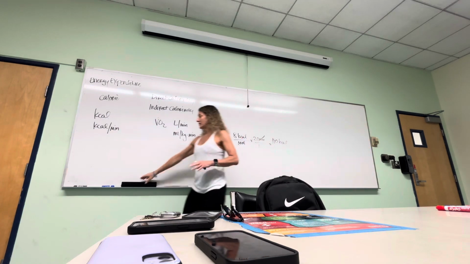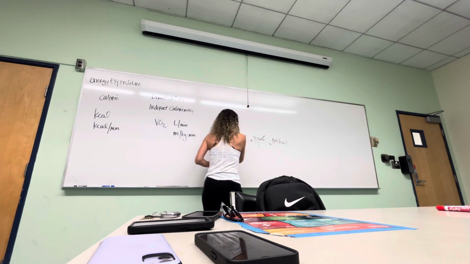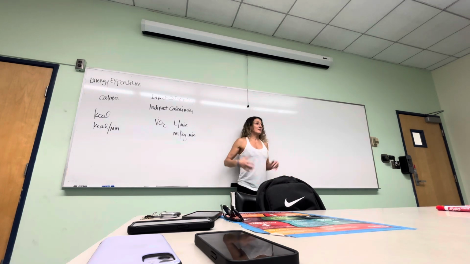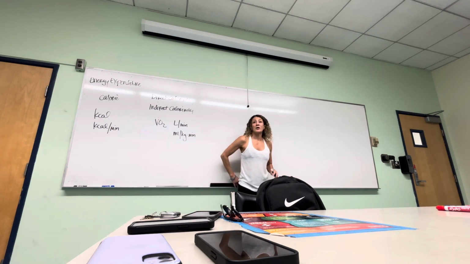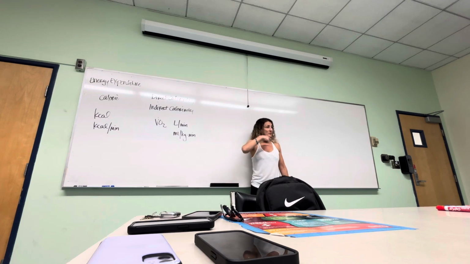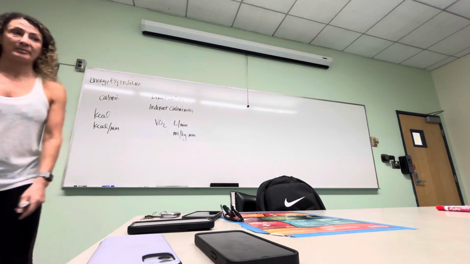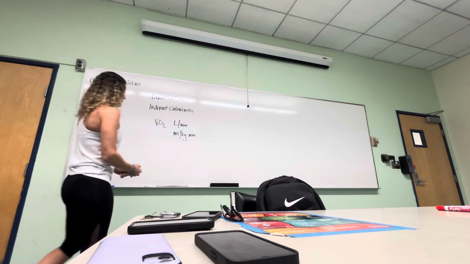Okay, so measuring your oxygen consumption is easy. In the lab, we have a respirometer. You put on a mask and it's measuring how much oxygen you're consuming and how much carbon dioxide you're producing. It's hooked up to a computer and it gives you a number. Okay, it's pretty easy.